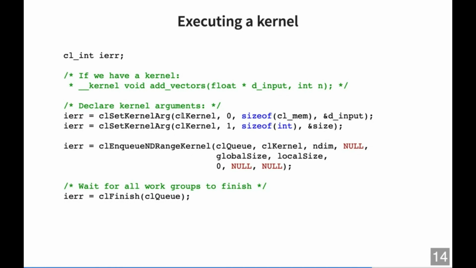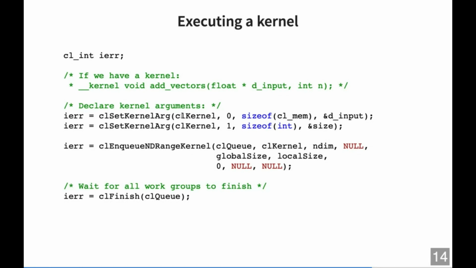One of the things that traditionally has occurred in OpenCL is the necessity to actually declare what the kernel arguments are at runtime.